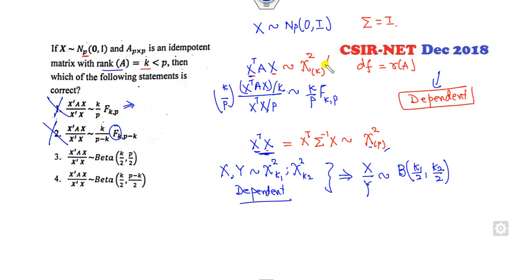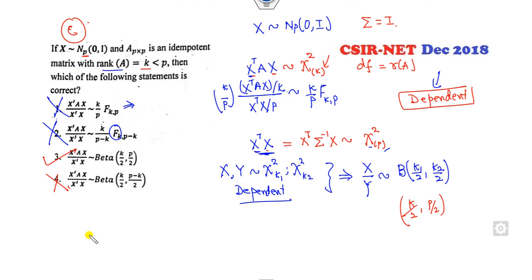So in this case the first parameter is k, the second parameter is p, the degrees of freedom. So k over 2 and p over 2 is the right answer of this problem. So C is my correct answer of this problem.